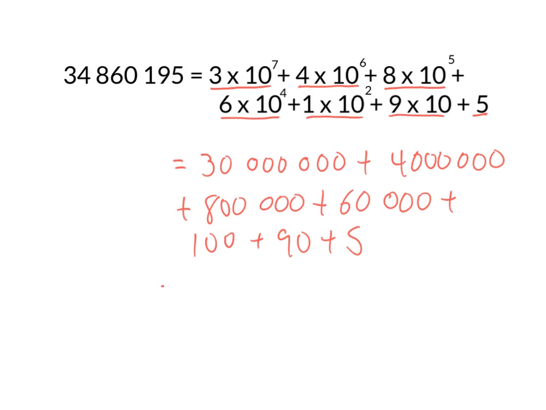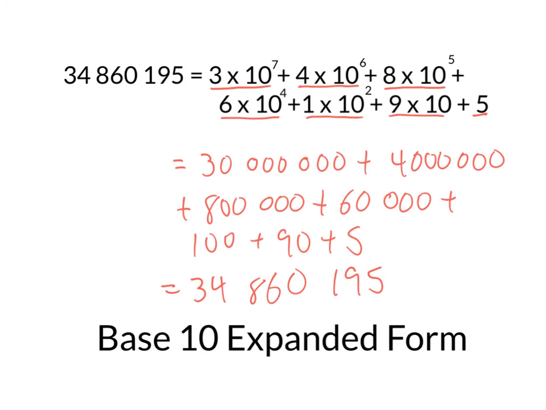And then, of course, we could put it all back together as 34,860,195. And so that's your base 10 expanded form.